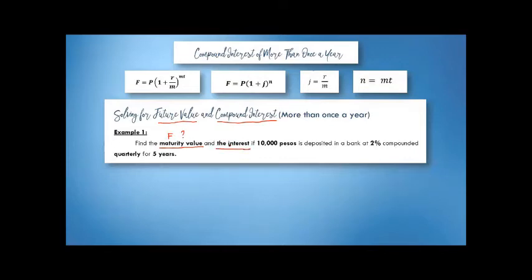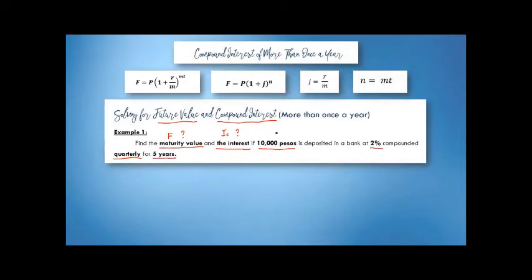Kahit walang nakasulat na compound interest dyan, mababasa naman natin siya sa bandang huli na compounded. So that is I sub C. If 10,000 pesos is deposited in a bank at 2% compounded quarterly for 5 years.